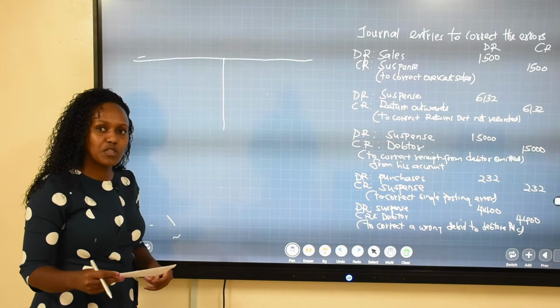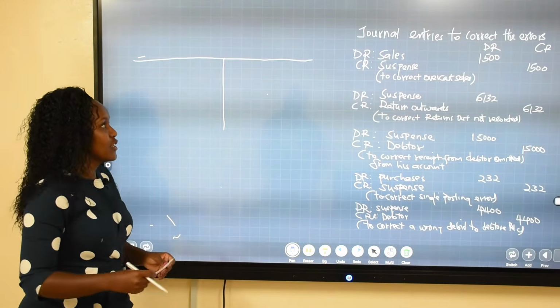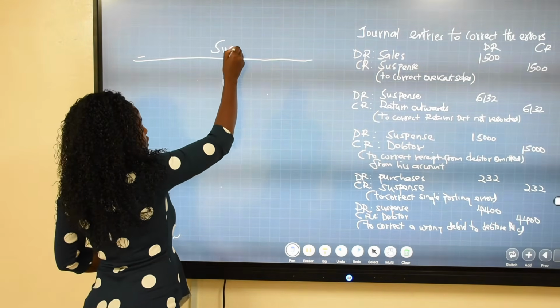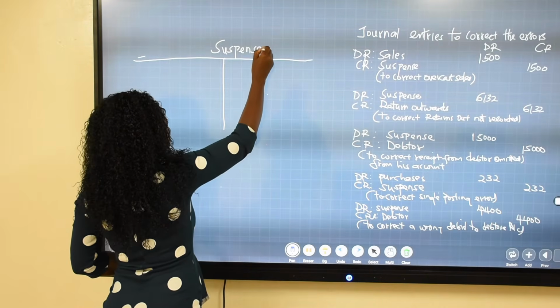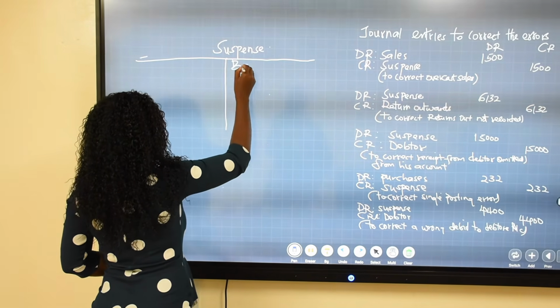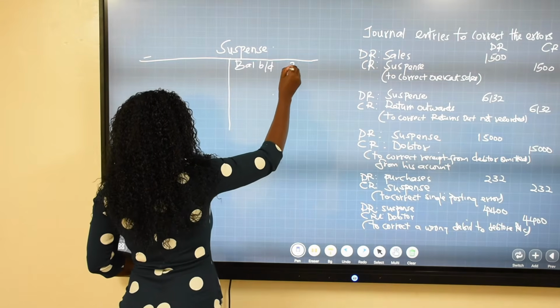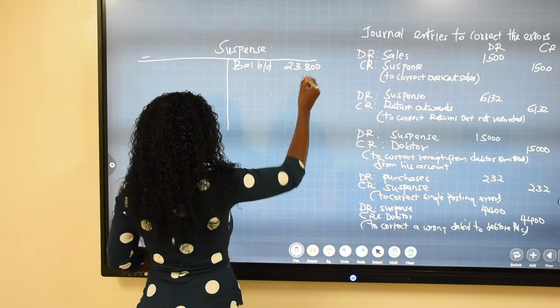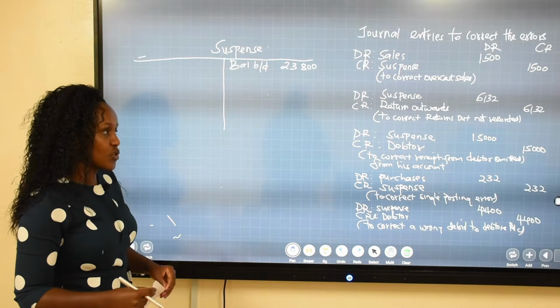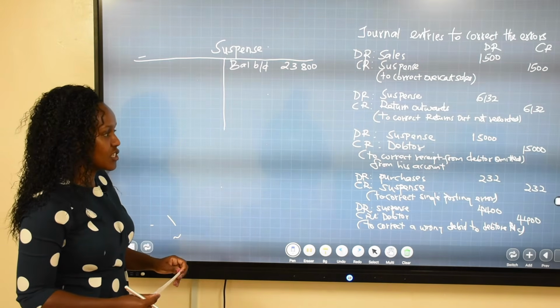It is going to begin with the balance of the shortage. So the balance of the shortage, we had been told that the shortage was on the credit side, and it was of 23,800. That is the balance, and it was on the credit side, the shortage.